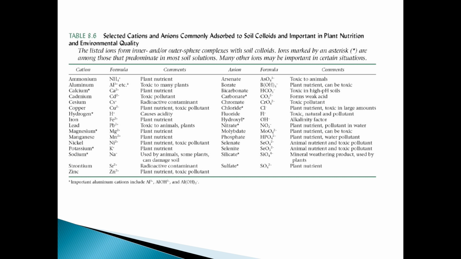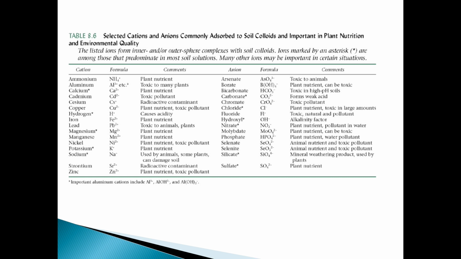So you can see here, ions marked by an asterisk are among those that predominate in most soil solutions. But then some of the ions are present, and they may be important in certain situations, but some of them are also toxic to plants.